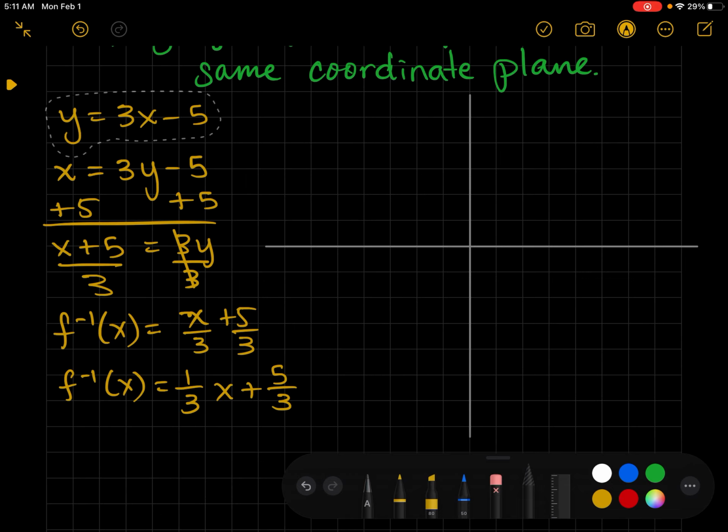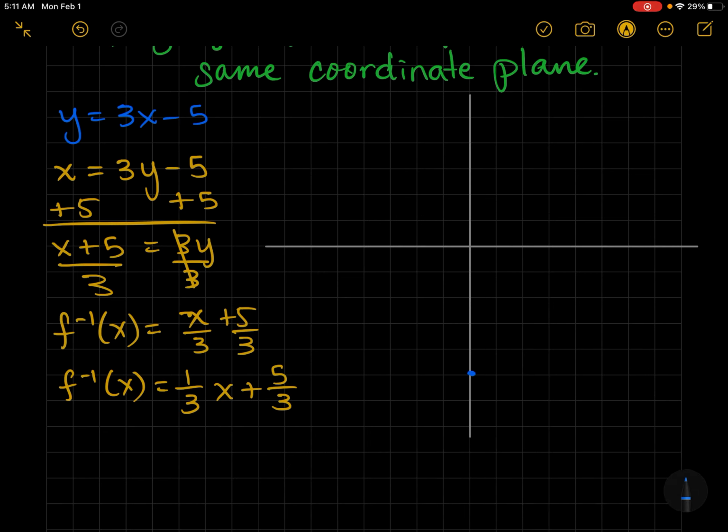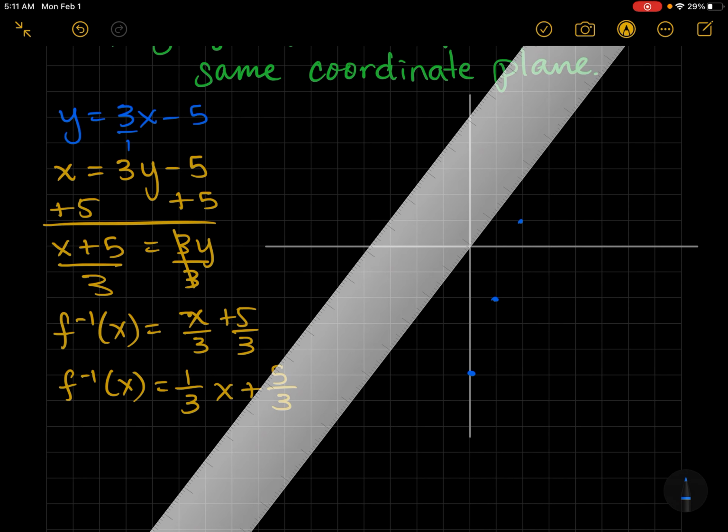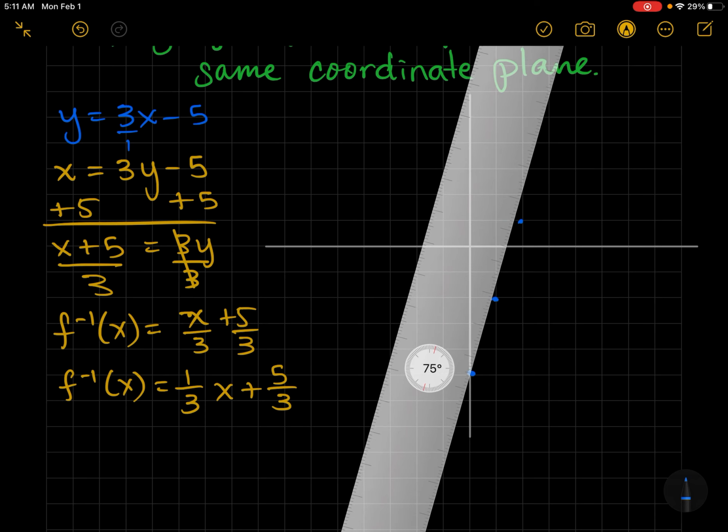That was my original function. I'm going to put it in blue to make it a little easier to graph. So I'm going to start at negative 5. 1, 2, 3, 4, 5. Up 3 over 1. Remember how to graph those lines. And let's try to make this one a little neater than I would normally do it.